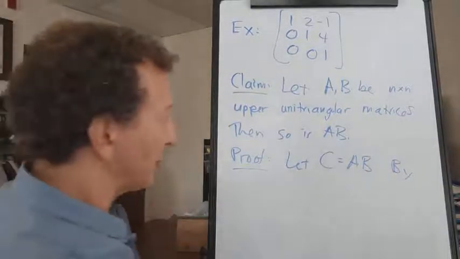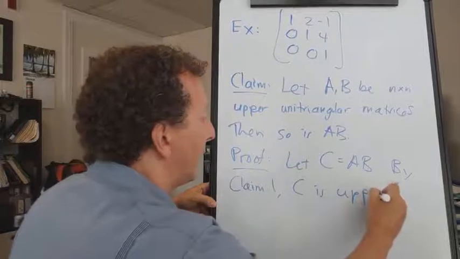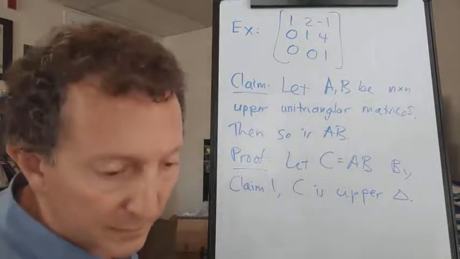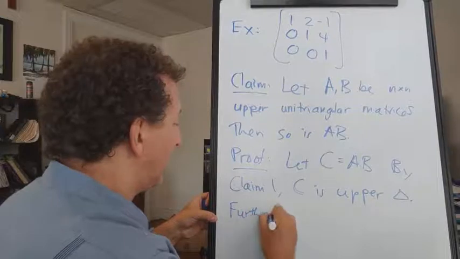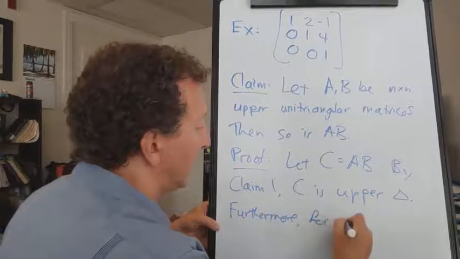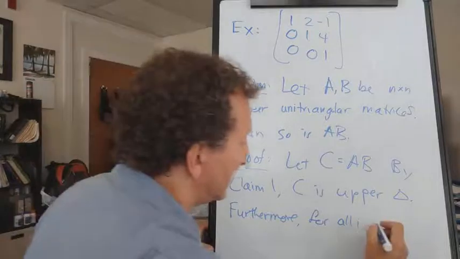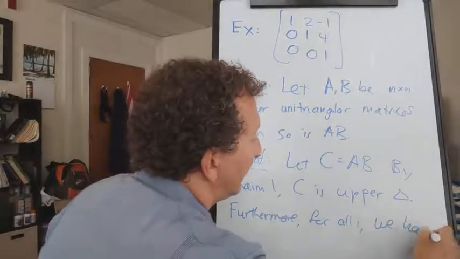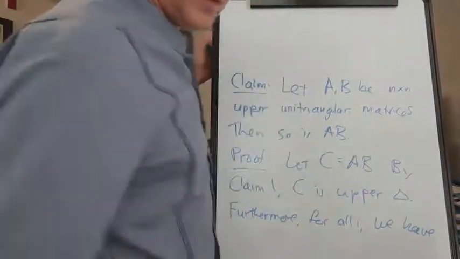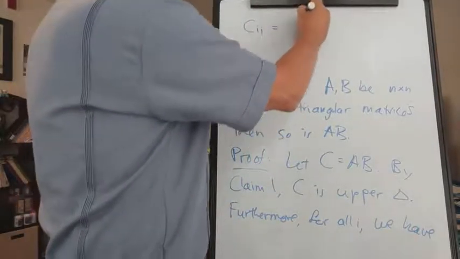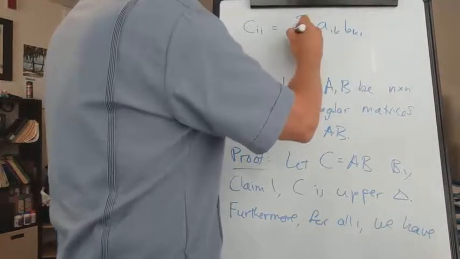So by claim 1, C has to be upper triangular. Furthermore, for all i, we have C_ii equals the sum of a_ik b_ki as k goes from 1 to n.